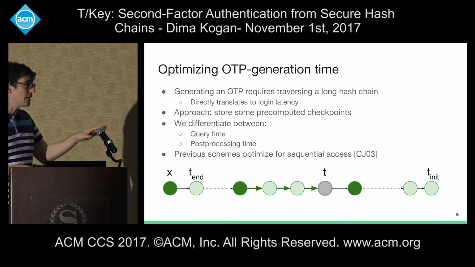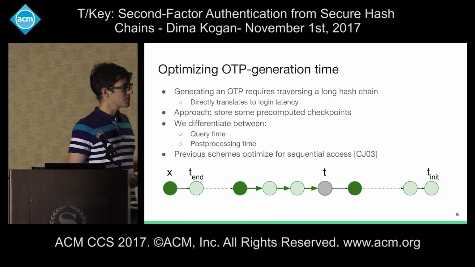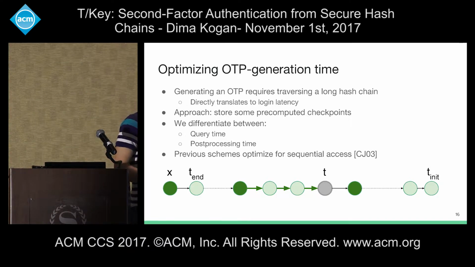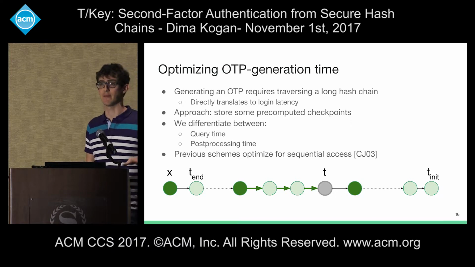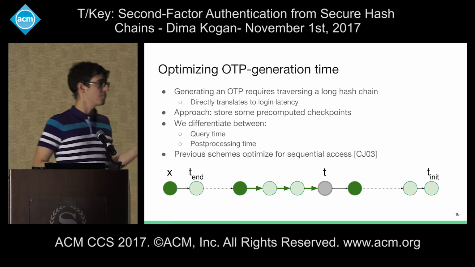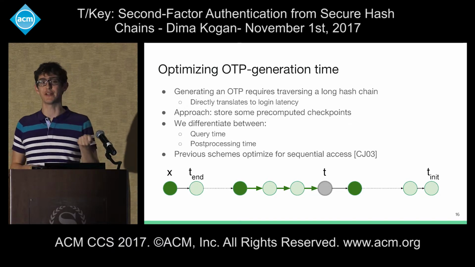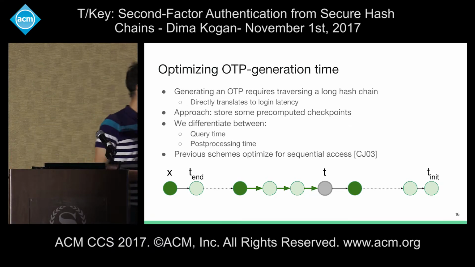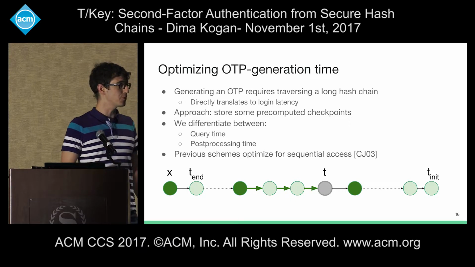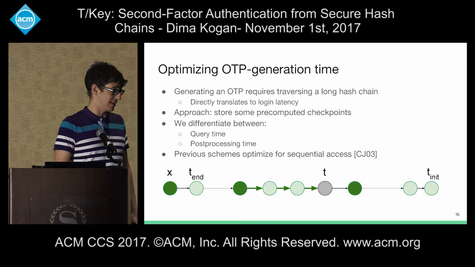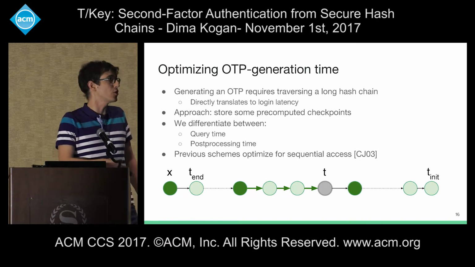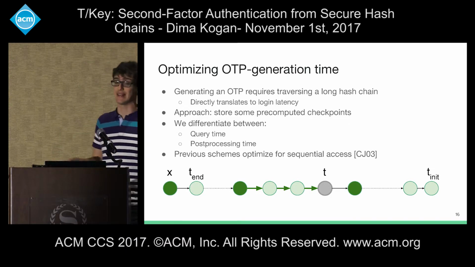Taking this approach, we also see the difference between the requirements for our pebbling scheme and previous approaches. Previous approaches consider the problem of sequentially traversing the hash chain. So this is a setting where you need to output the elements of the chain one by one, and you care about the time it takes to generate the next element and the total amount of work it takes to traverse the entire chain.